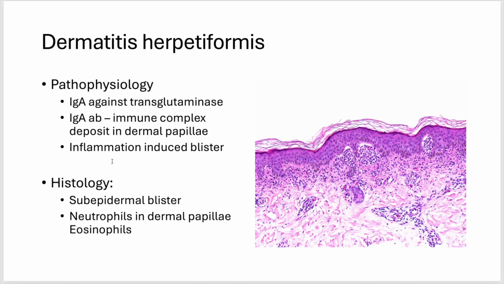These antibodies form immune complexes that deposit at the tip of the dermal papillae, which then recruit numerous neutrophils and cause inflammation and blister. On histology, you will see a subepidermal split, often with neutrophilic microabscesses in the dermal papillae, sometimes with a few eosinophils, but mainly neutrophils are the key.